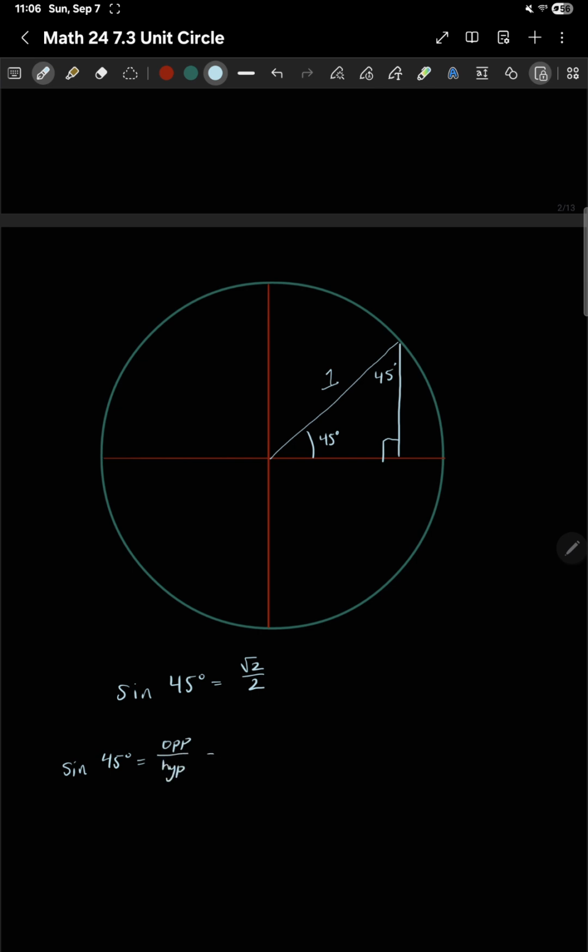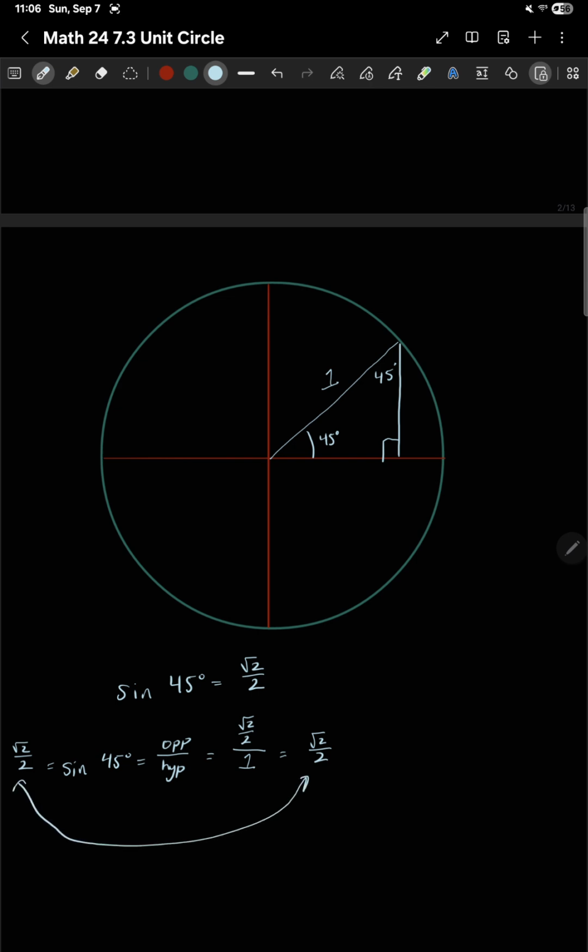But once again, we know the hypotenuse is 1, and we need all of this to equal the square root of 2 over 2. There's only one blank here that we haven't filled in. And so hopefully you can see that if we just put the opposite side equaling the square root of 2 over 2, we get an equivalence, and so look, these two things agree.